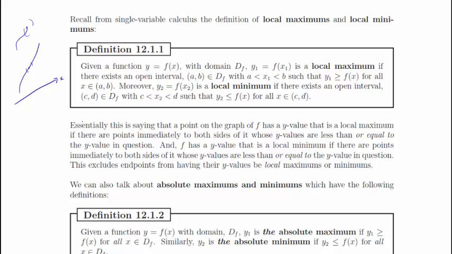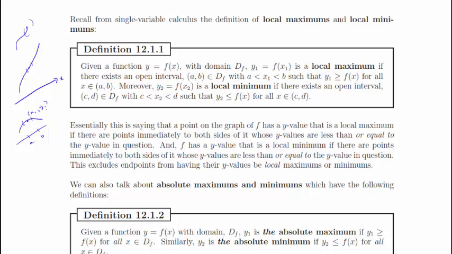So what we're saying is, if I have a point and I can put an open interval around this point, so here's a and b, then the y value of this point, so this is x1, y1, then this y1 is a local maximum because it is the largest y value of f of x within this open interval.